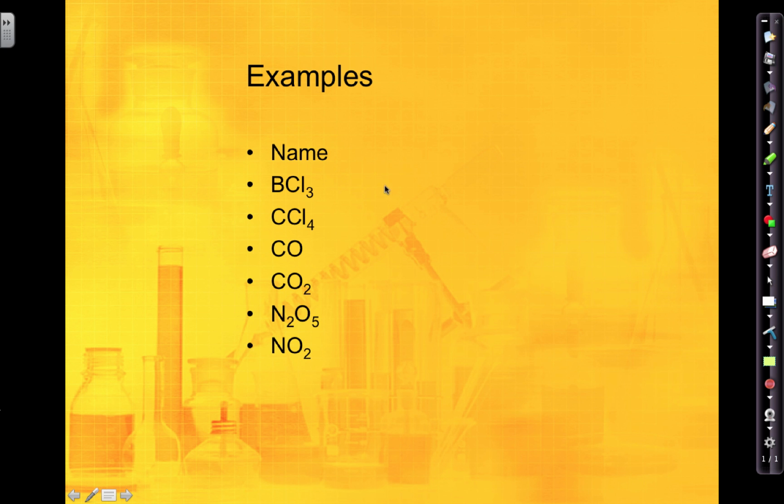So we have one boron, but because boron is the first element here, we're just going to say boron. If we had more than one boron, we would have to add a prefix here. But since there's just one and it's the first, we don't have to have monoboron. All right, so boron, with chlorine, we have 3 of those, so the prefix is tri. So chlor, and then you have to change the ending to IDE, so boron trichloride.